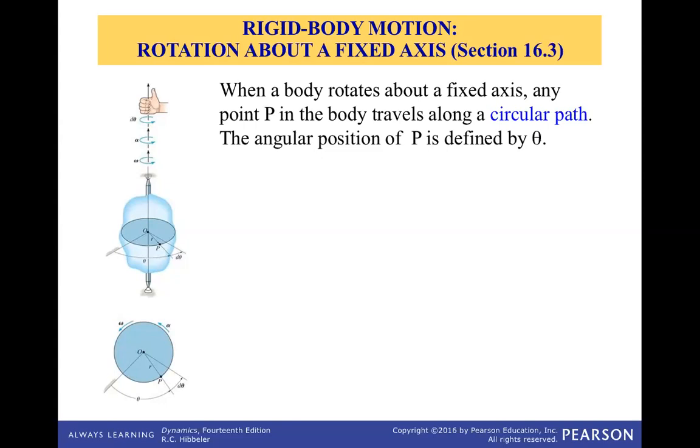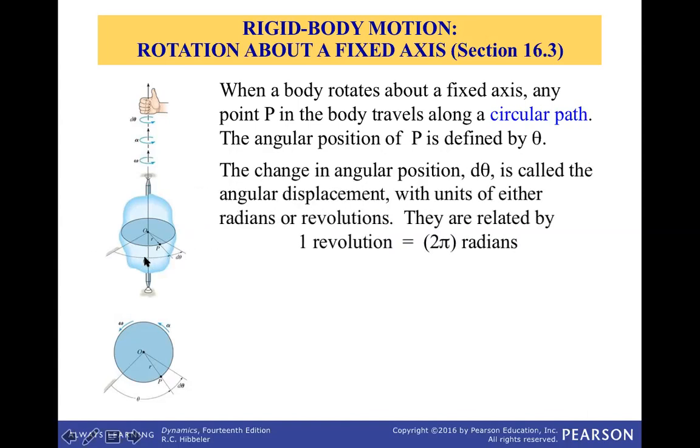Now, if you have rotational motion, okay, so if you have a fixed axis, any point inside the body will have a circular path, okay? So at any particular position P here, because this is not having angular or rotational motion itself, you can pick a reference line. In this case, you can pick a reference line over here. Then the angular position of P can be defined with this angle theta, okay?